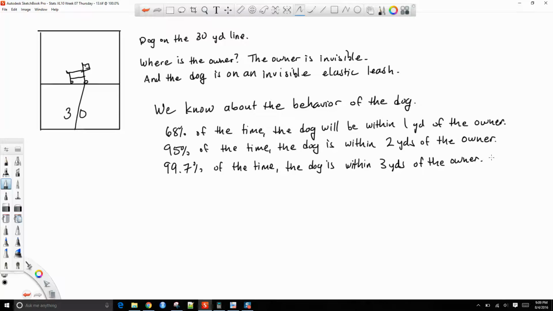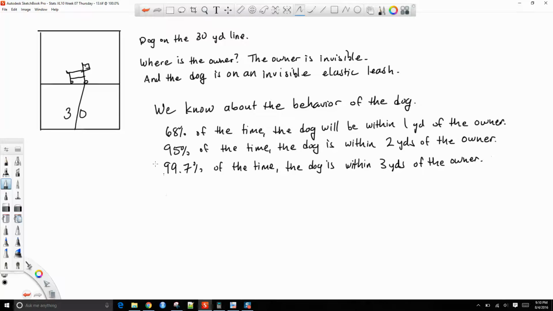Can we say anything about the location of the owner? Okay, we're not going to be able to say, oh, I know that the owner's at the 31-yard line. We can't say that, okay? But we can say something like, I'm 95% confident that the owner's between the 28 and 32. Can we say that? Yes.